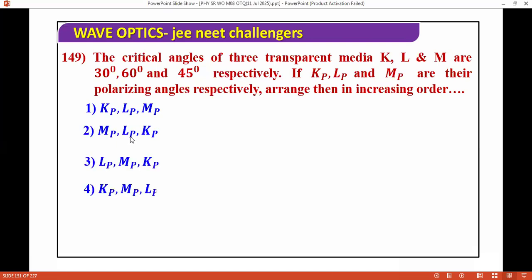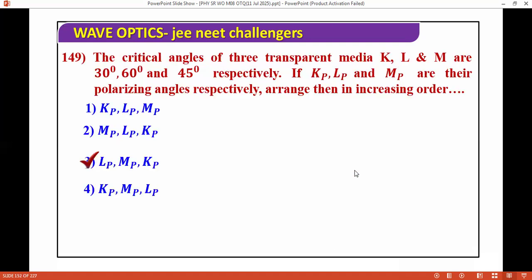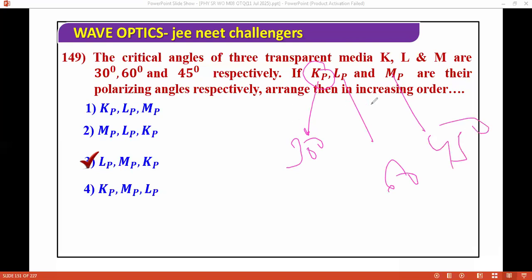So the critical angle for K is 30 degrees, for L it is 60 degrees, and for M it is 45 degrees. Following this, the polarizing angles will be ordered.